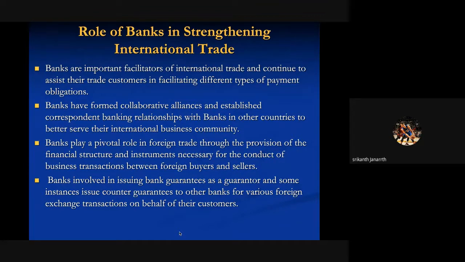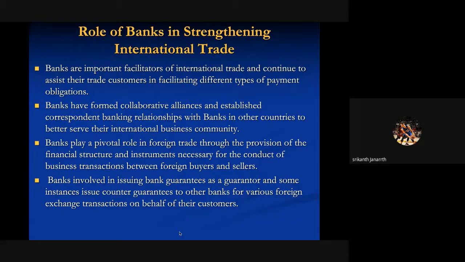We learned that. So it has to be channeled through the bank, and the bank should have a correspondent relationship to do that. If our Sri Lankan exporters export to various countries, the banks here should have relationships with banks in all those countries. Otherwise, we won't be able to send these documents to them and communicate with them. That is what we learned: correspondent banking.